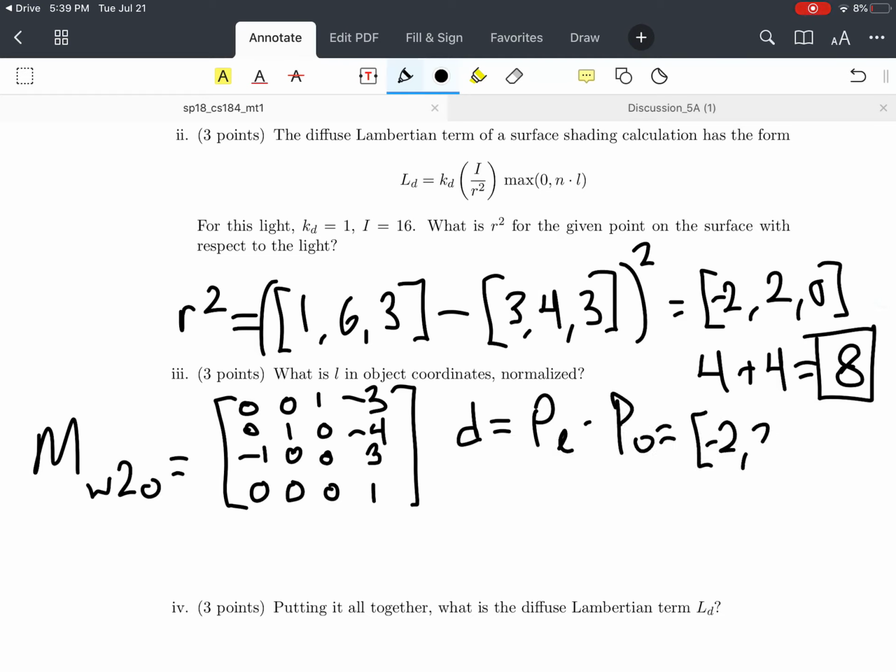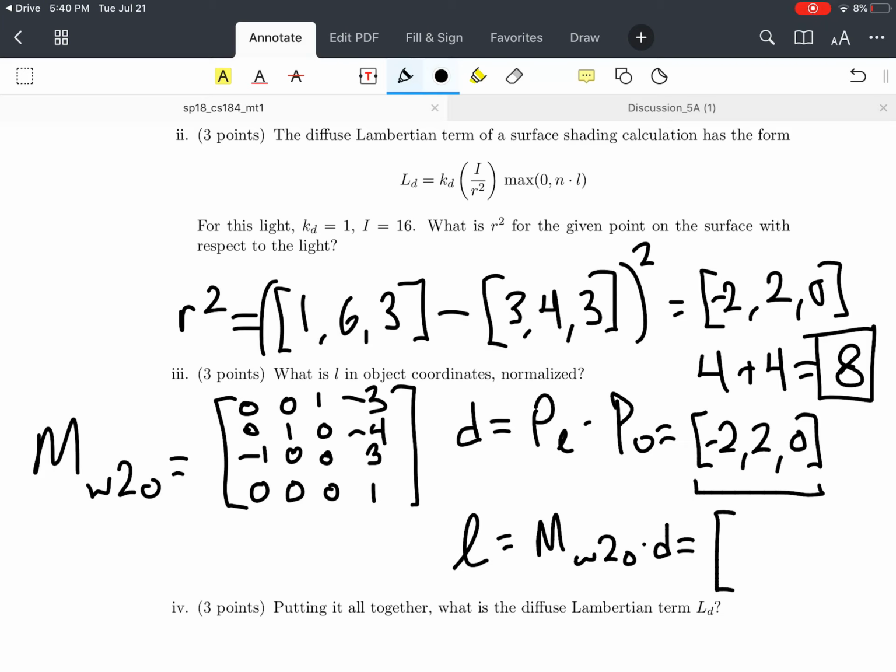And then what we're going to do is multiply. This is in world coordinates, and we're going to multiply it by this matrix, right? And so what we're going to get is L is equal to MW2O times D. And once again, I'm just going to give you the answer, but do check it out on your own. And it's going to look like that. Okay?